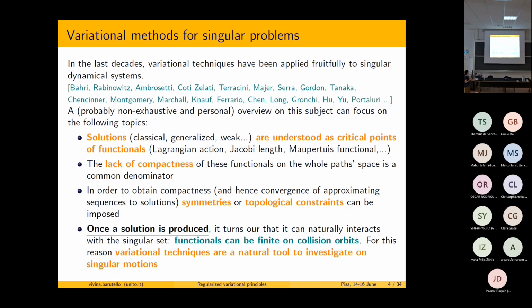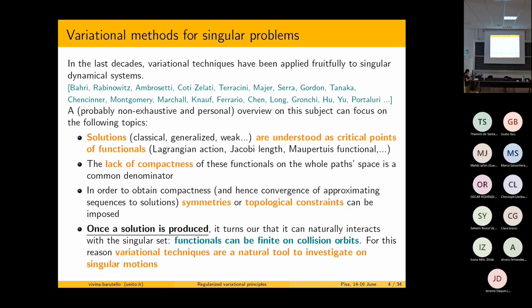To obtain compactness, typically symmetries or topological constraints are involved. There are many symmetries that you can think of, but also very simple symmetries, for instance anti-symmetric orbits, or also very simple stuff.